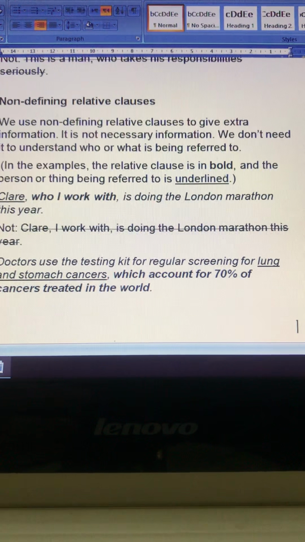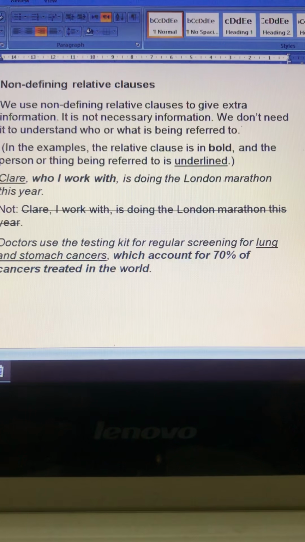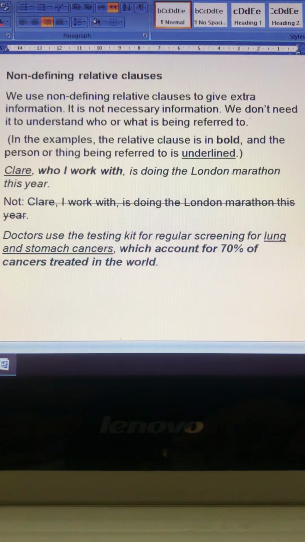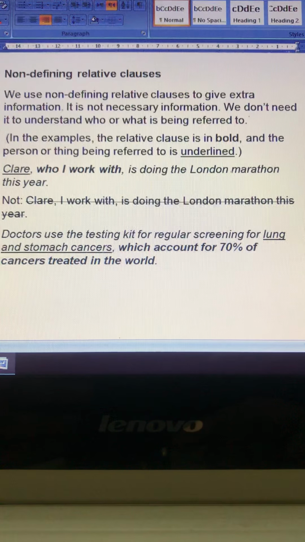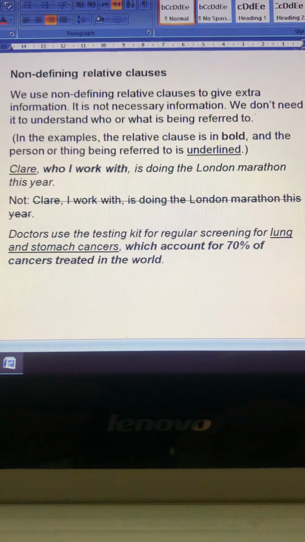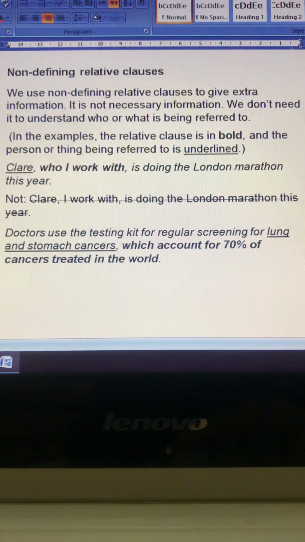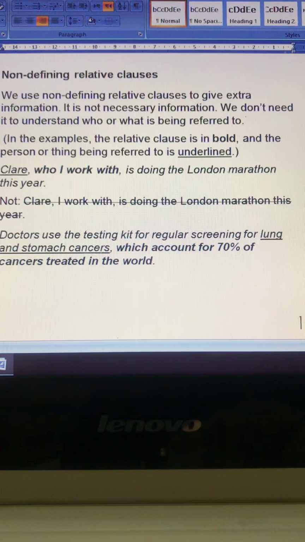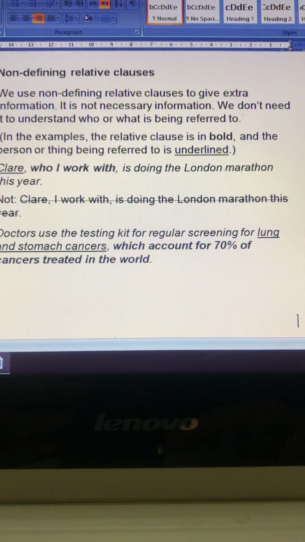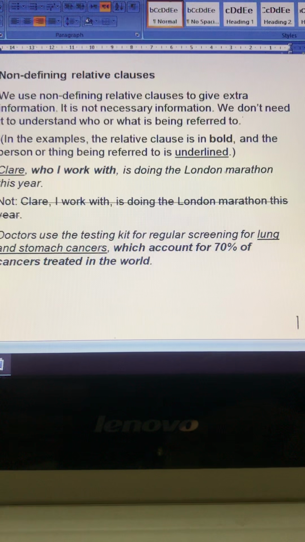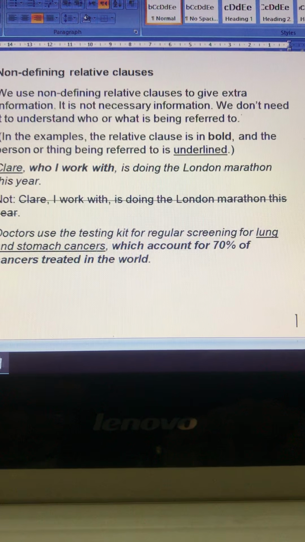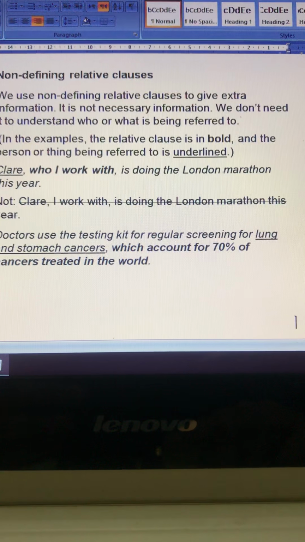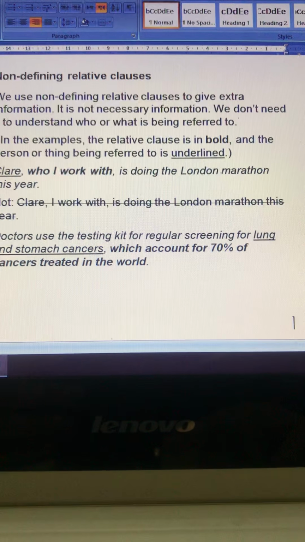Another example. Doctors use the testing kit for regular screening for lung and stomach cancers, which accounts for 70% of the cancer treated in the world. Again, here we have which accounts for 70% of cancer treated in the world.